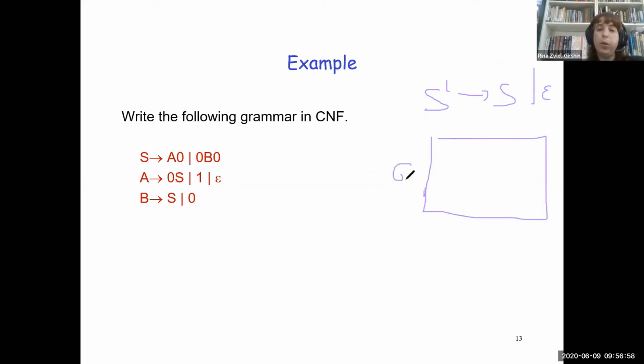Then we will continue: eliminate epsilon rules, eliminate unit rules, and rewrite the grammar in the form that at the right-hand side I will have only a single letter or two variables. That's what I am allowed to do. To rewrite means that I will add additional variables. I can't solve this question without adding additional variables. Okay, so let's start our solution.